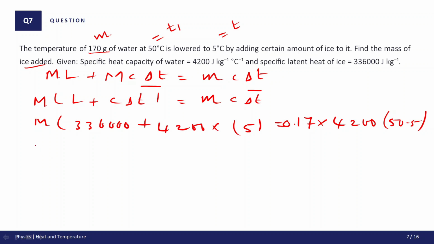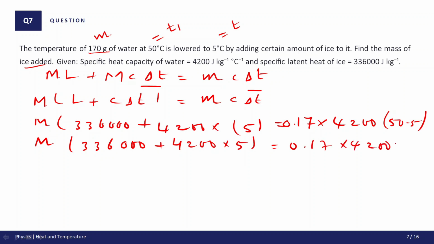then m equal to 3 lakhs 36,000 plus 4200 into 5, close the bracket, write 0.17 into 4200 into 45.